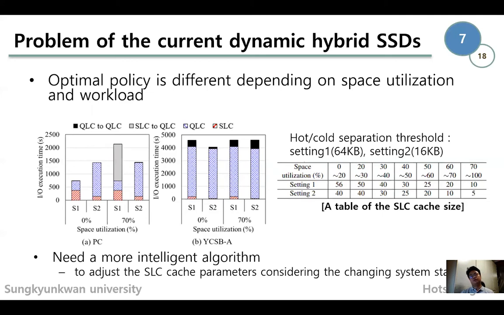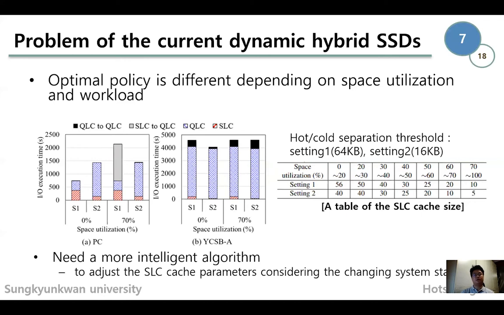However, when the utilization is high, setting 1 shows a worse result due to high migration cost. Consequently, we need a more intelligent algorithm to adjust the SLC cache configuration, considering the dynamically changing system state.